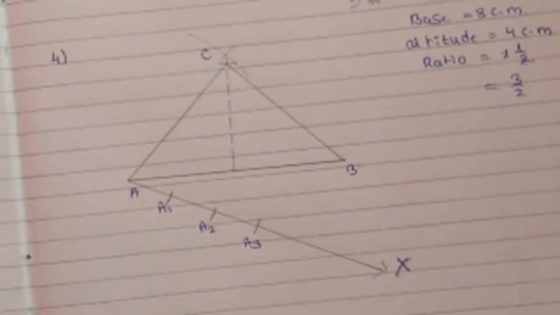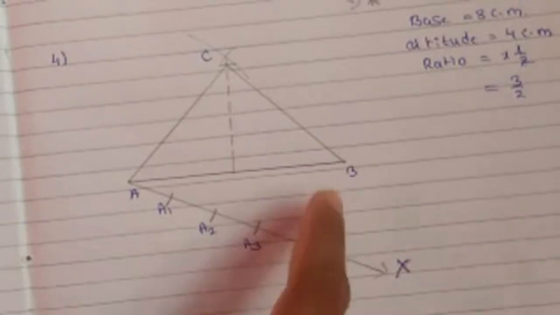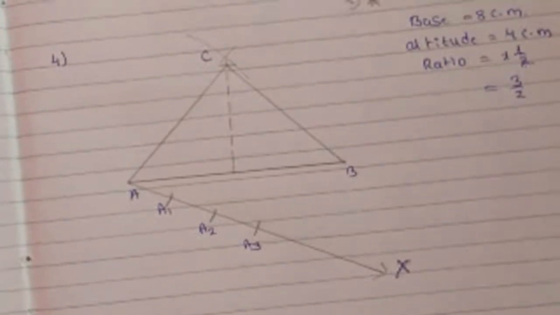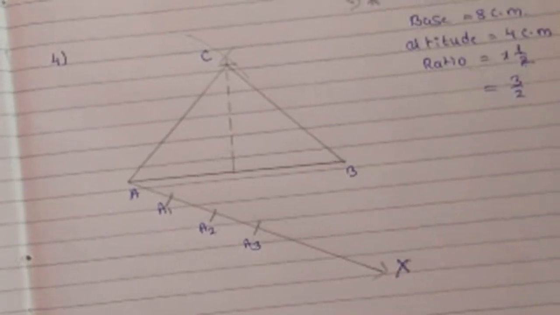The next, which point we have to join to point B? Comment me fast. Which point we have to join to point B?